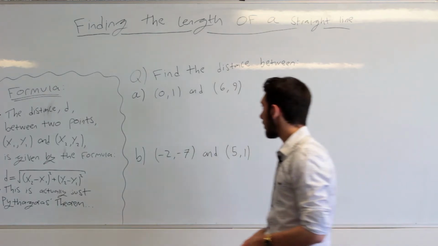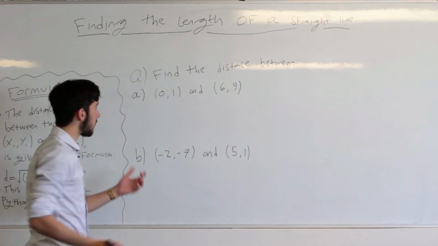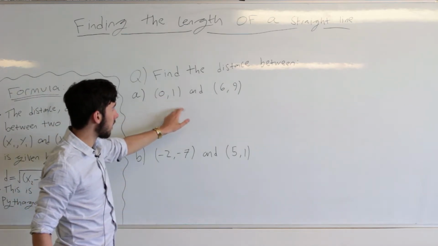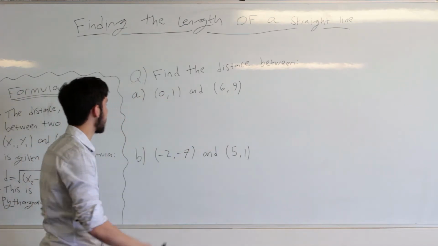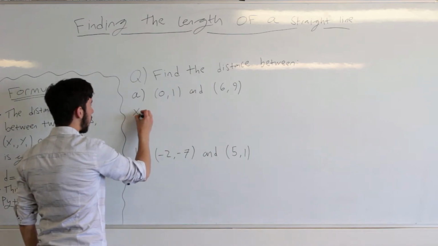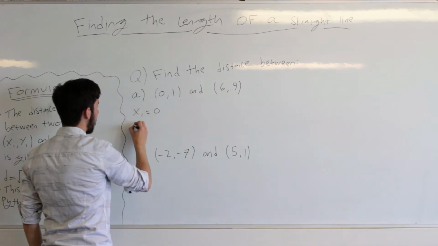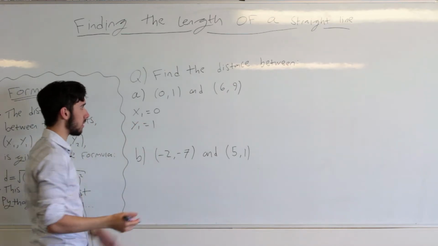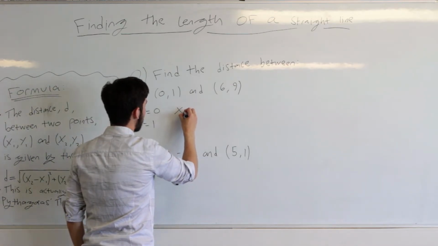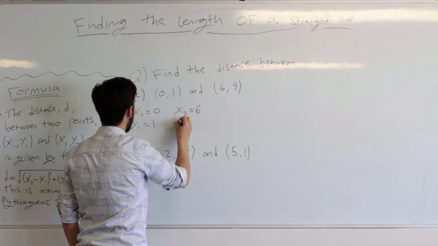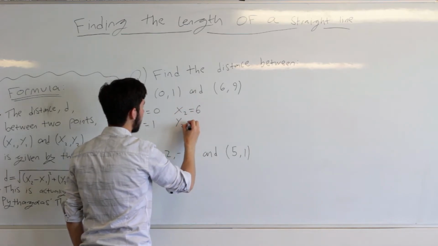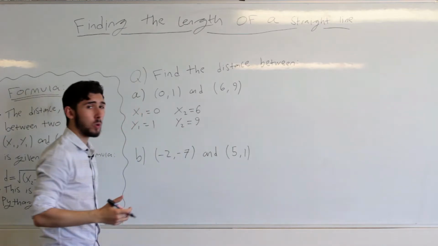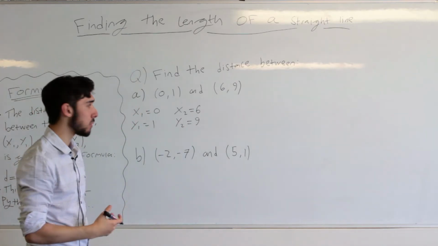Okay, so just using the formula, remember this is going to be x1, y1, x2, y2. So let's label them. x1 is going to equal 0, y1 is going to equal 1, just like in our previous videos. x2 is going to be equal to 6, and y2 is going to be equal to 9. Of course, we want to find the distance d between them.